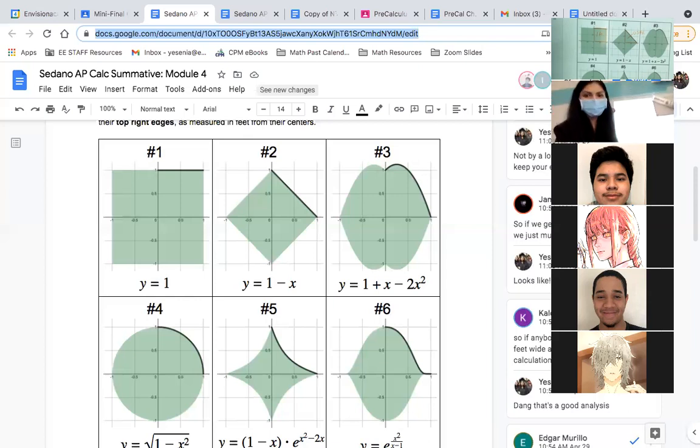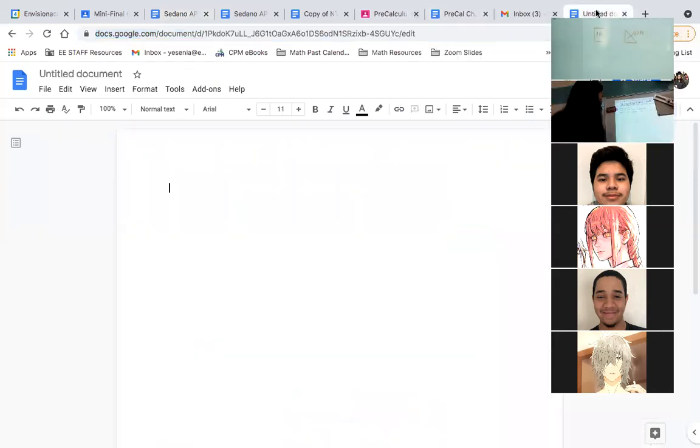So now I'm going to go back to my blank paper. And let's check it out. This time I'll try my best to be neat. Let's see, try different colors. Okay, so the new function is y equals 1 minus x.